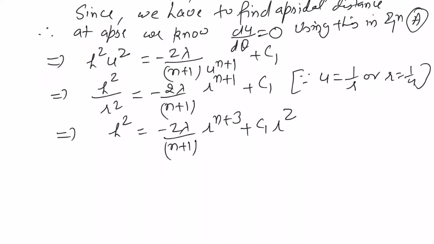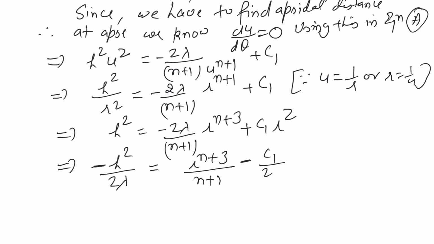Further dividing throughout by 2 lambda, h square by 2 lambda is equal to r to the power n plus 3 divided by n plus 1, minus c1 by 2 lambda r square.